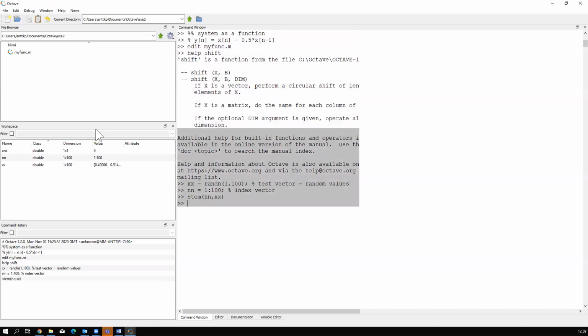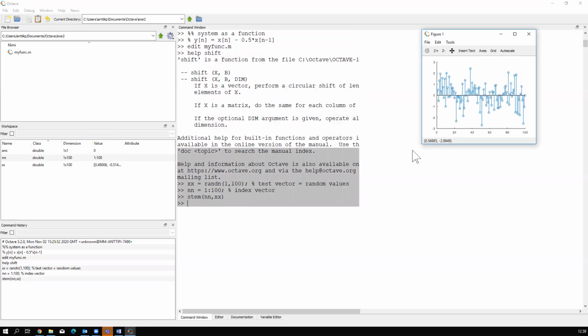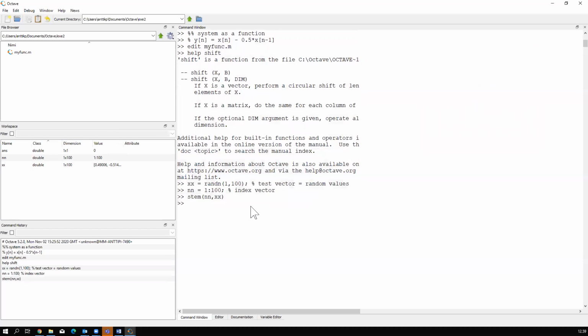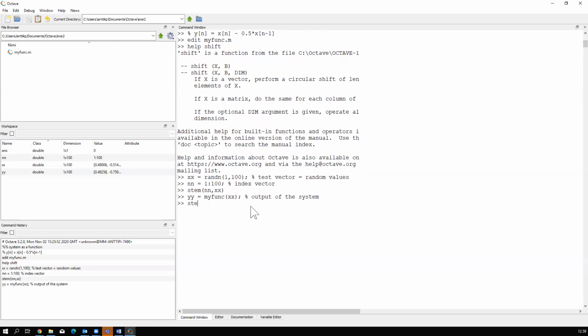It looks like that, a random vector. Then we can calculate the output using the previous function, myfunc of xx. And then for the same plot, stem yy. I don't know if that is actually smart. I think I'll just stem plot that one.